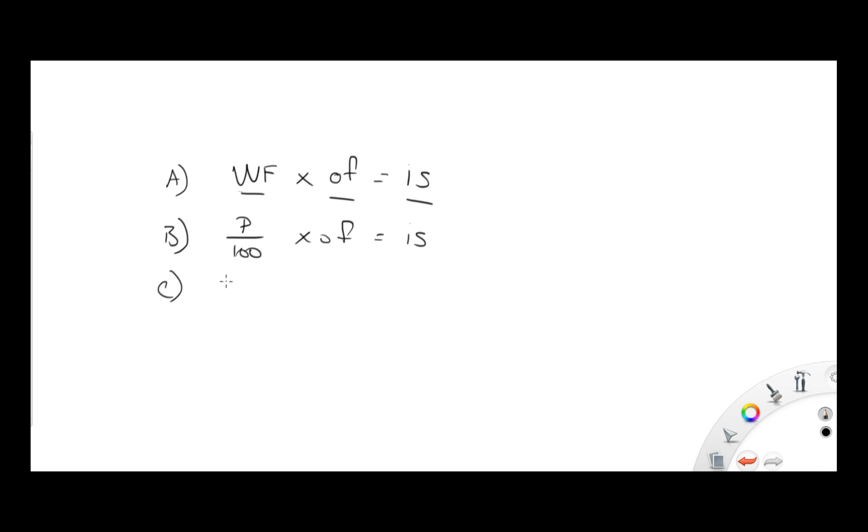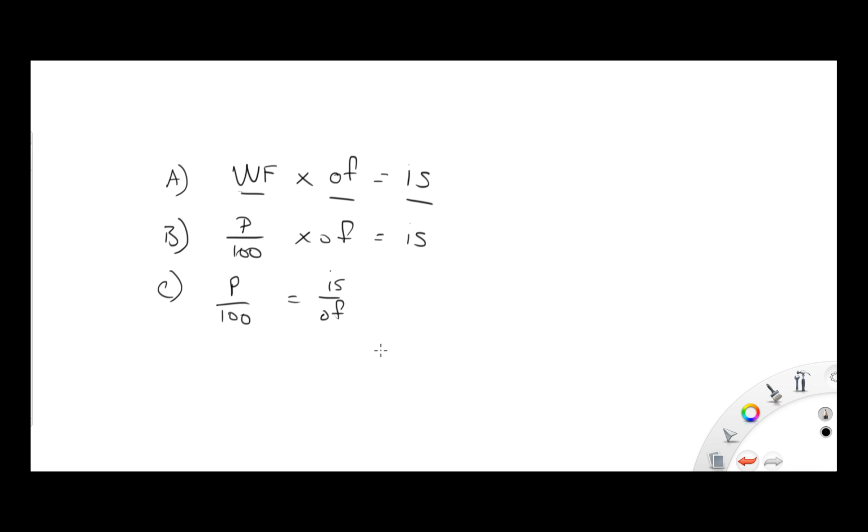A third equation would be a ratio of the two forms, so we can combine those two forms. So percent over 100 equals is over of. And we can do that because if we divide out this of with this is, we can get them on two different sides.